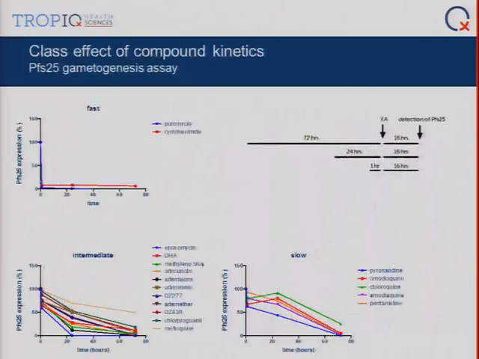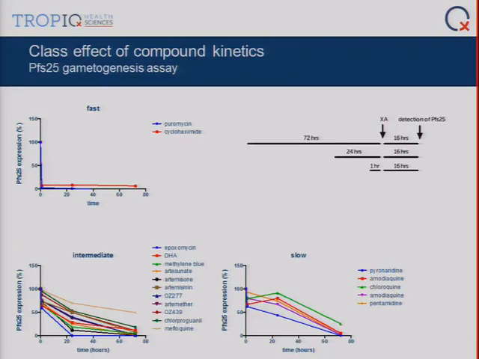We use the female gametogenesis assay also to look at the kinetics of compound effects, and we tested compounds by incubating gametocytes for either 72, 24 or 1 hour prior to activation of gametogenesis by addition of xanthurenic acid, and then we measure PFS25 16 hours later. And it appears there's 3 types of responses.